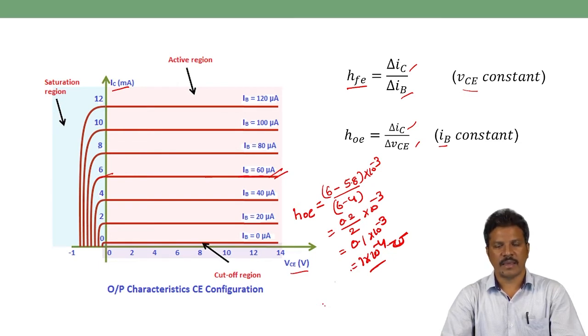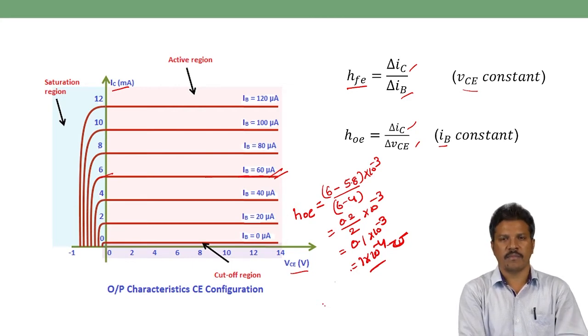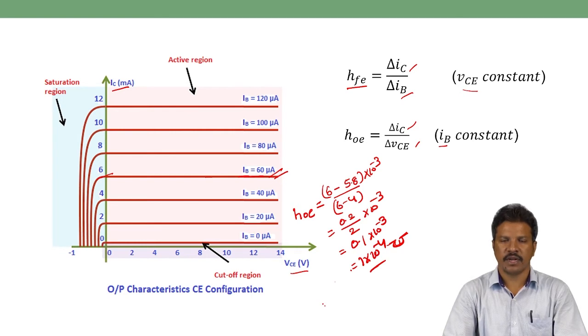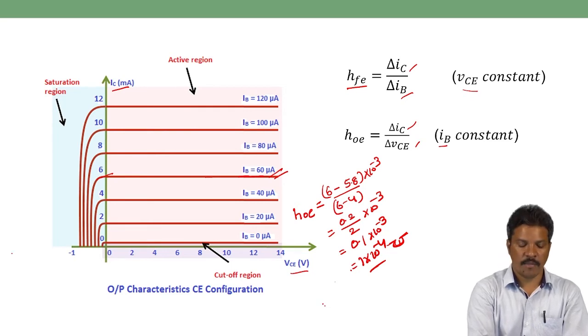Similarly, the same H parameter values can be calculated from input and output characteristics of the other configurations, common base and common collector. In this case, the representation of the parameter values may have a small change in the subscript: HIB, HRB, HFB, HOB.